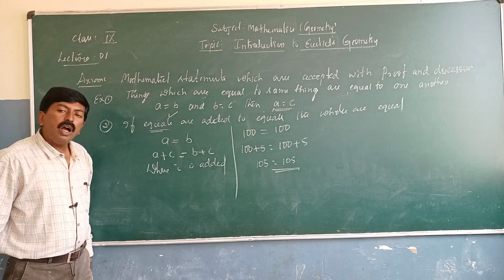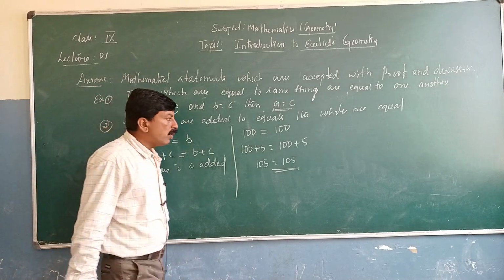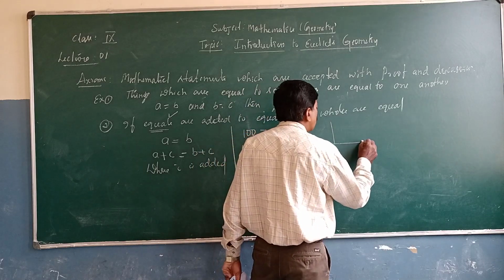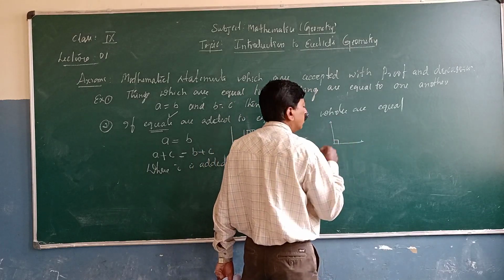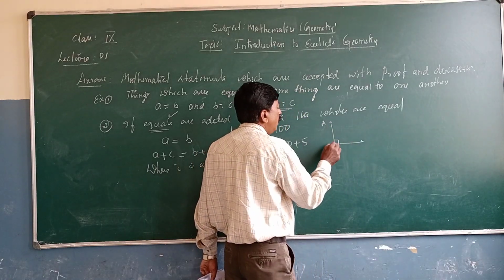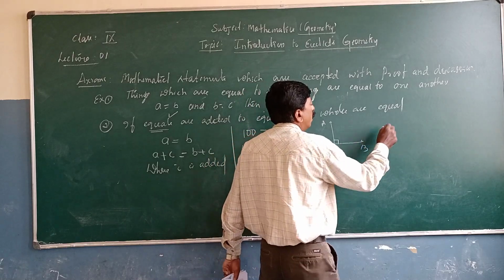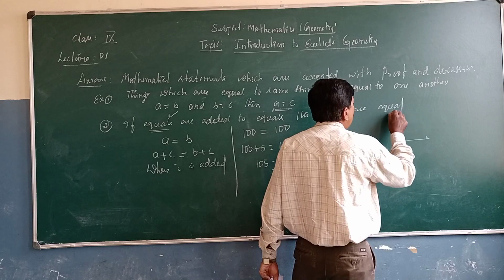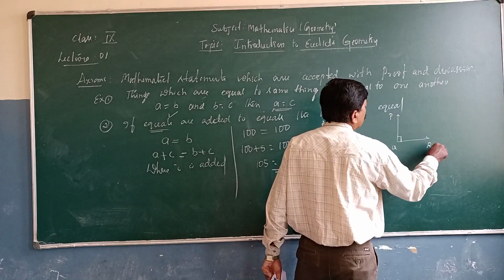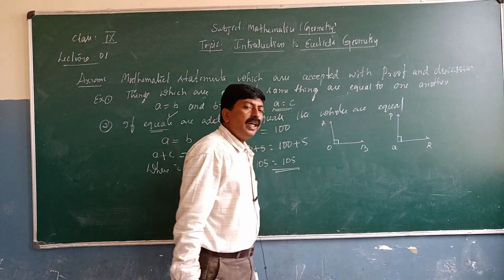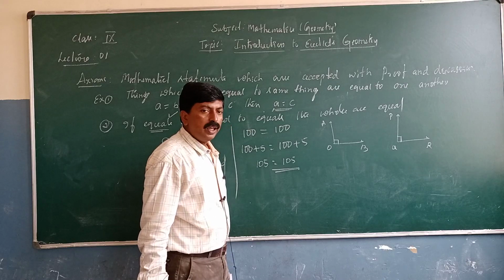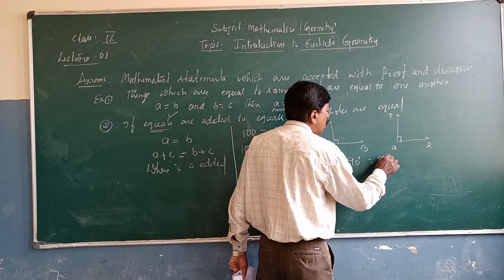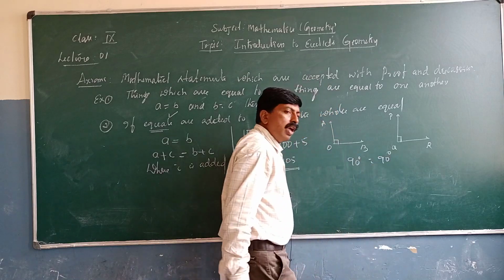What is this idea in a geometrical version? Here is 90 degree. This is AOB. Here is also 90 degree, PQR. So 90 degree is equal to 90 degree.